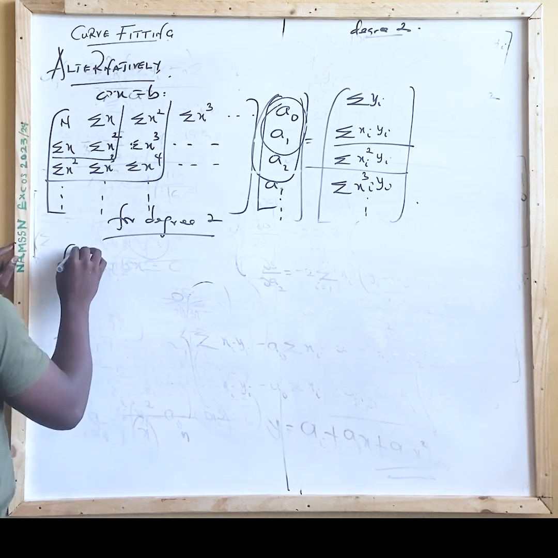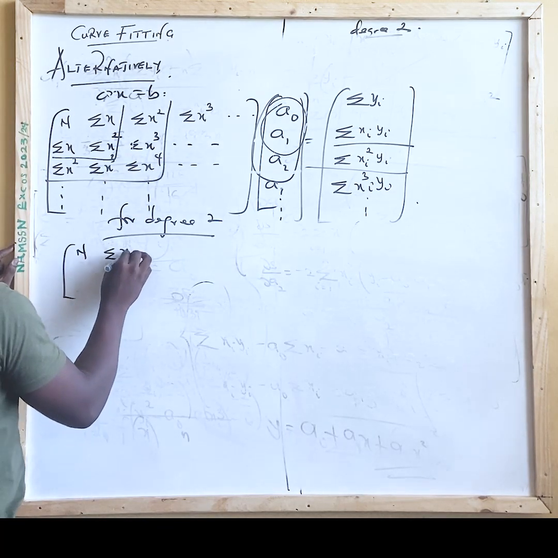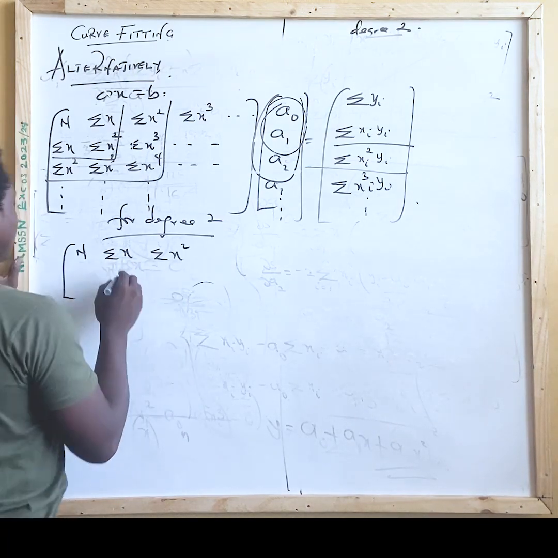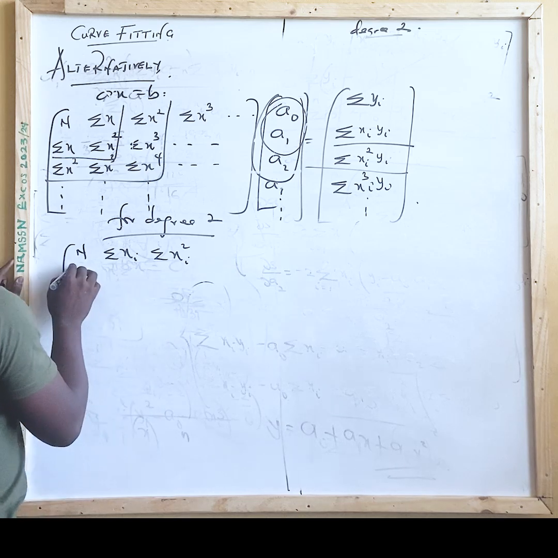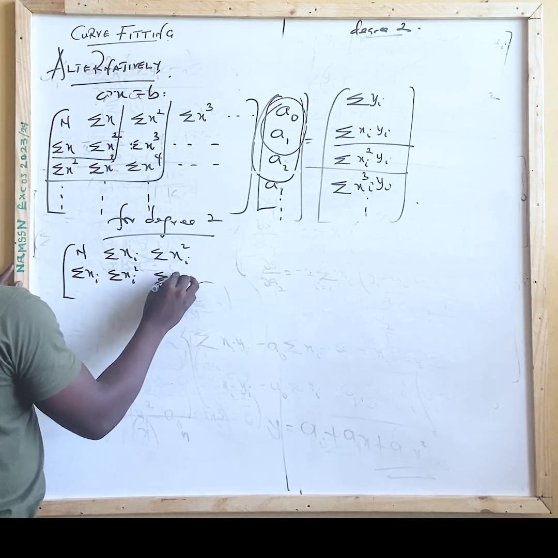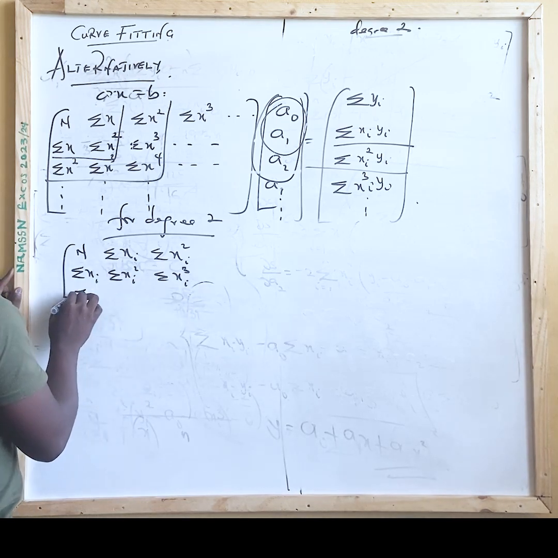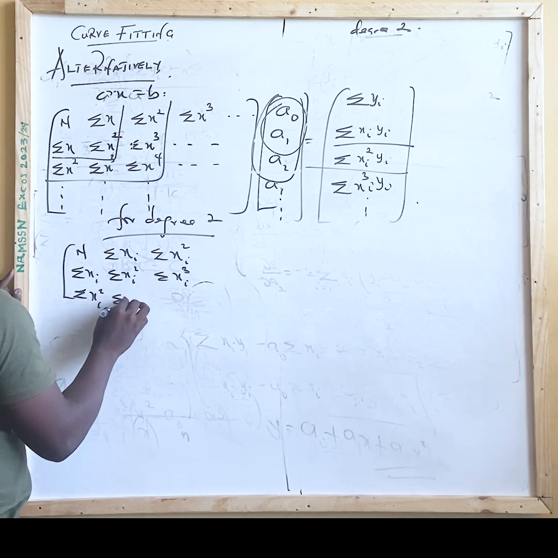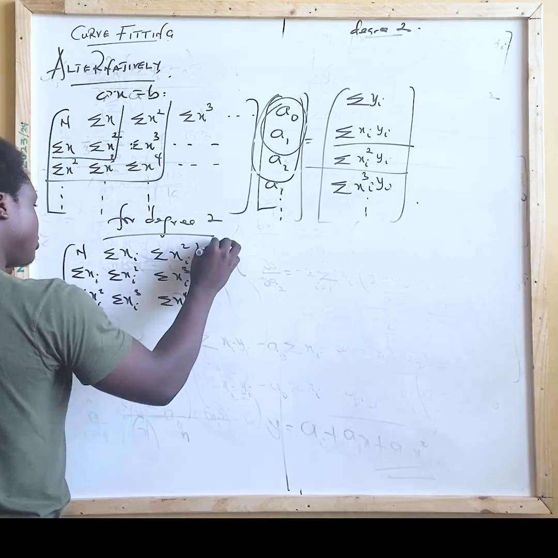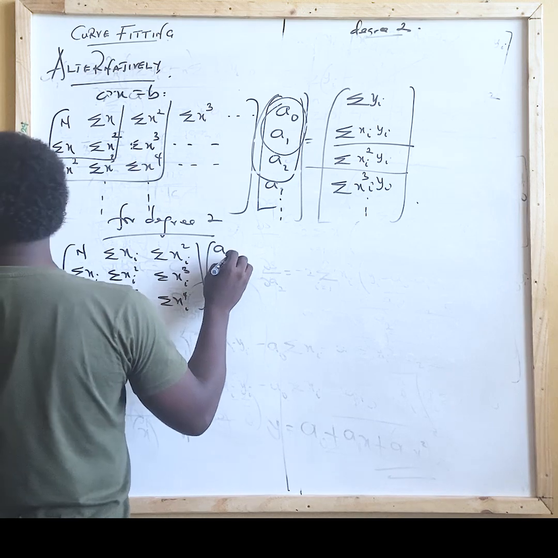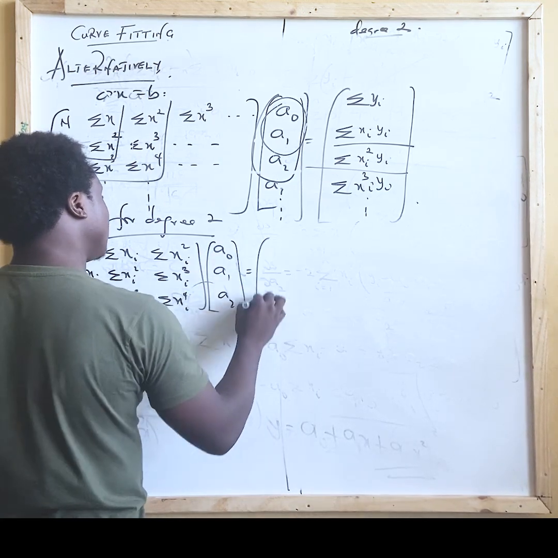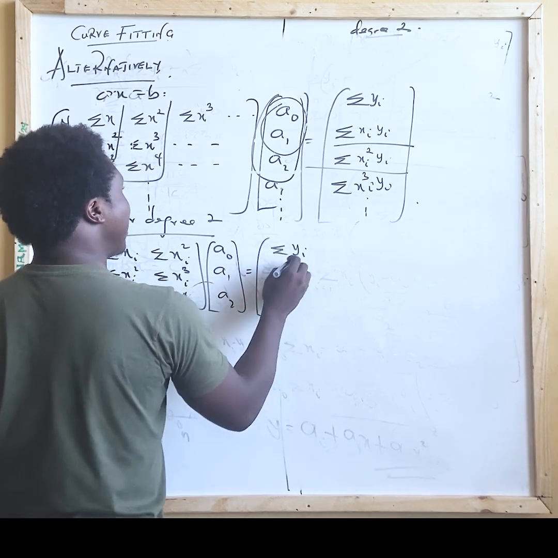I have n, summation xi, summation xi square in the first row. Then summation xi, summation xi square, summation xi cube. Then summation xi square, summation xi cube, summation xi to power 4. All of this times a0, a1, a2.